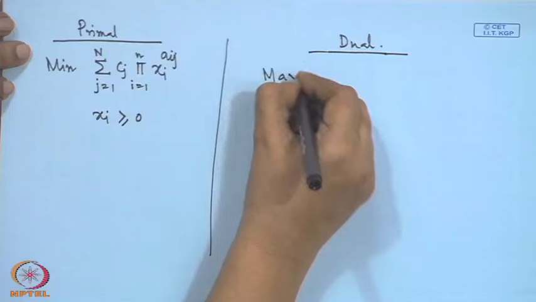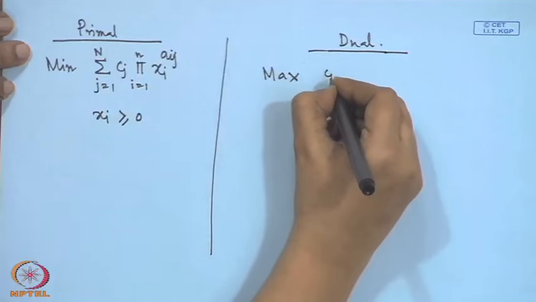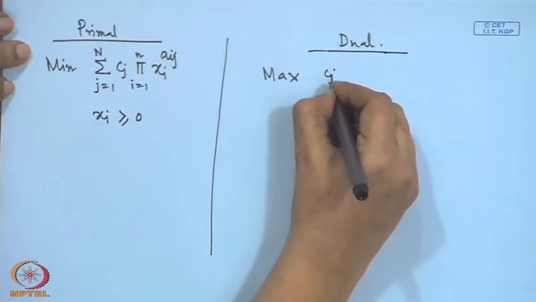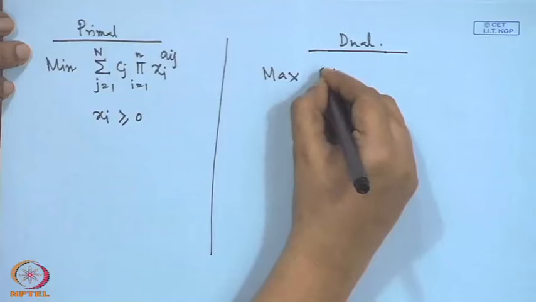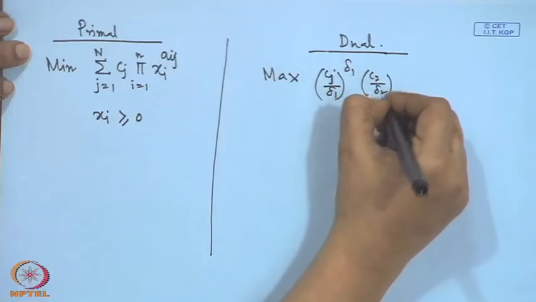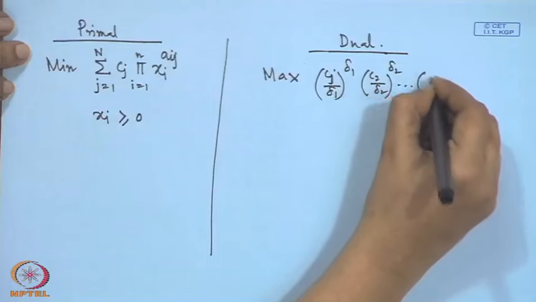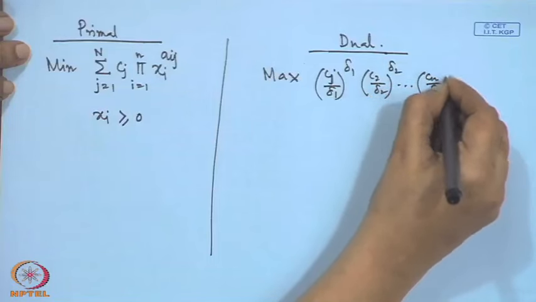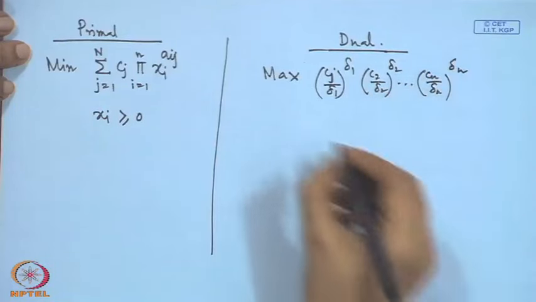The corresponding dual is maximization of, rather let me write down in detail, (c1 by delta 1) to the power delta 1, (c2 by delta 2) to the power delta 2, and (cn by delta n) to the power delta n.